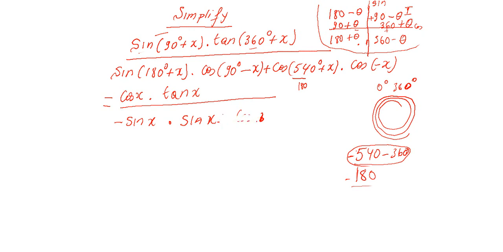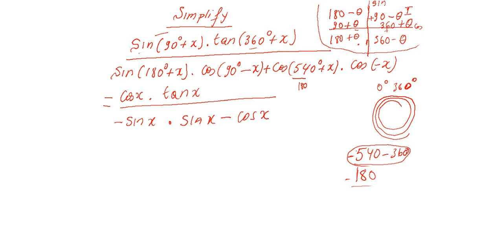My pen is a bit slow because of technology. So sin x plus cos 180, in this quadrant is negative, therefore this is going to turn into a negative cos x.